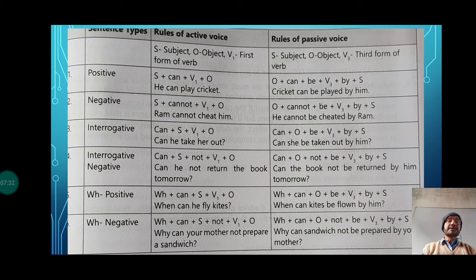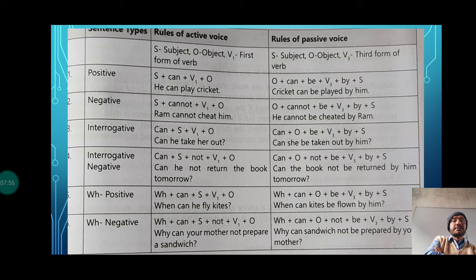So the formation is subject plus can plus the first form of verb plus object. He can play cricket. This is positive. And in passive voice it would become: cricket can be played by him. So, object plus can plus be plus V3 form plus by plus subject.